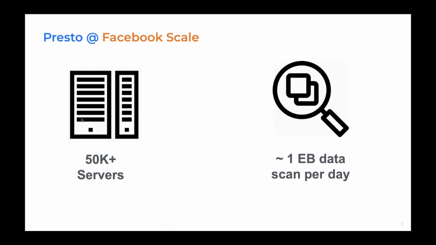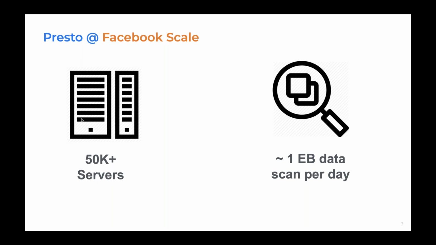All the data scientists, data engineers, analysts, dashboards, various jobs are being served by Presto inside Facebook. We've got more than 50,000 servers serving Presto. And Presto is responsible for scanning more than 1 exabyte of data every single day.